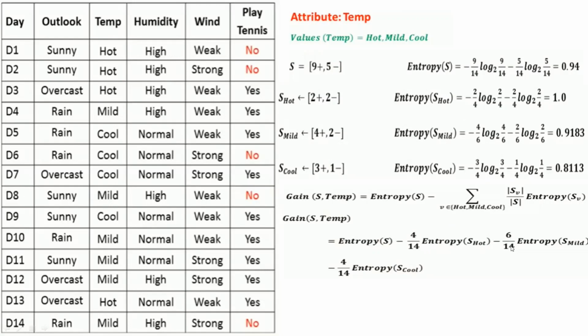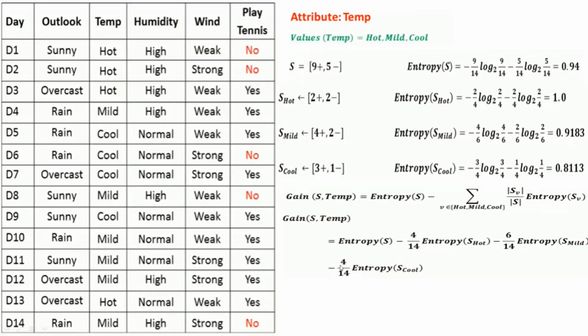Similarly 6 by 14 means mild. Mild has 4 positives and 2 negatives, hence it is represented by 6 by 14. Out of 14, 6 are mild values. So entropy of mild, which is 0.91, you need to substitute here.